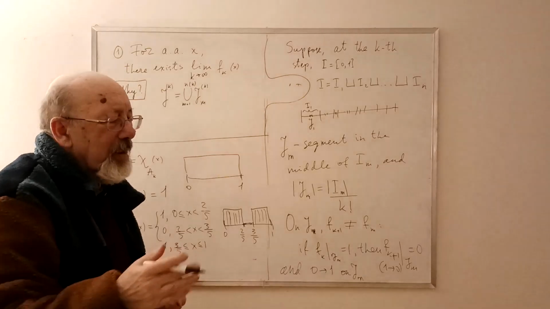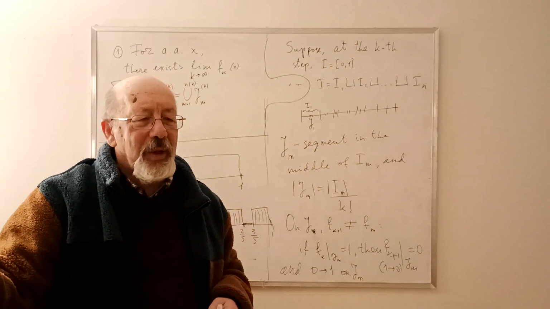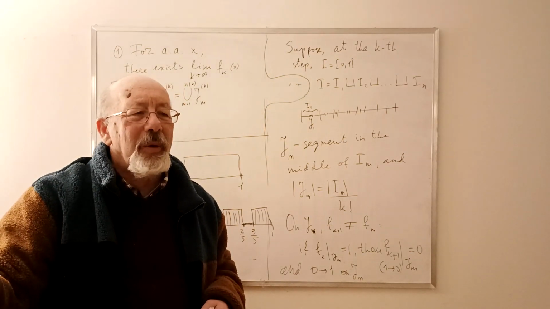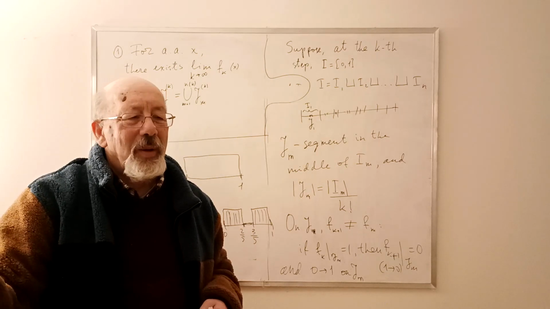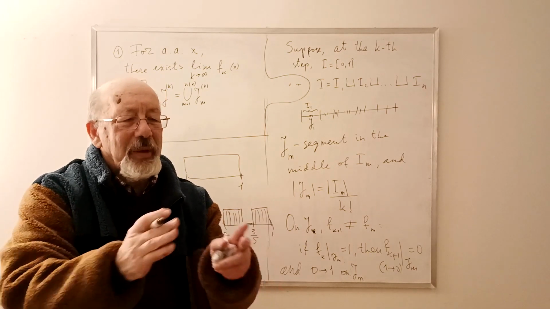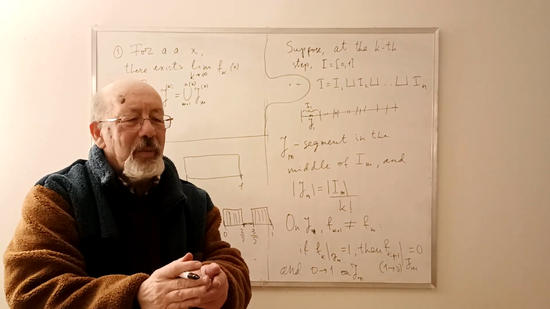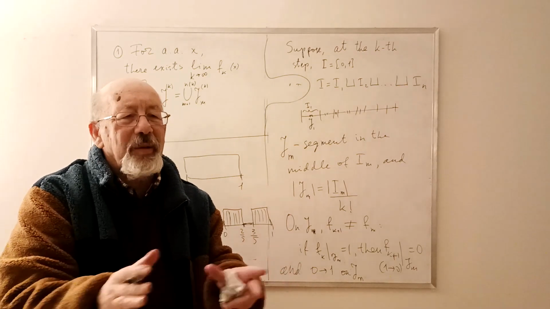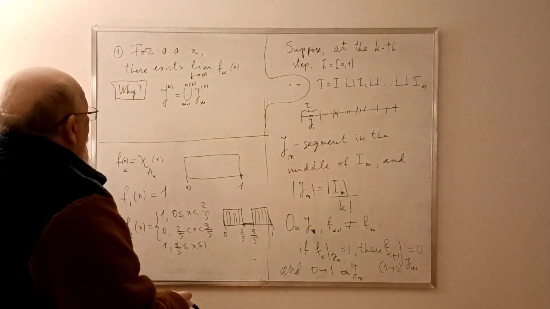In fact, n of k in this construction is 3 to the power k. So we started from one segment, then one appeared in the middle and two on the flanks, and so on.